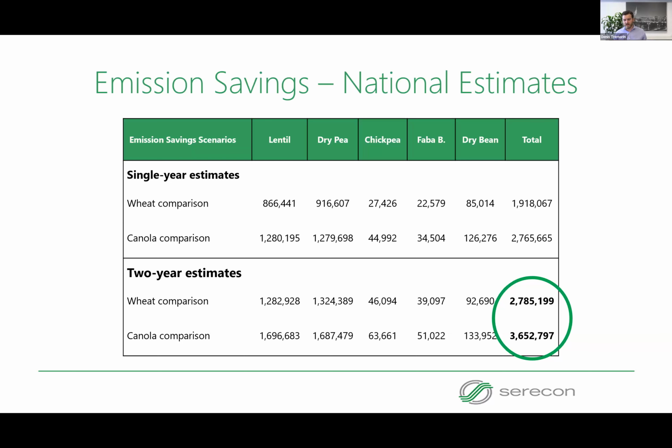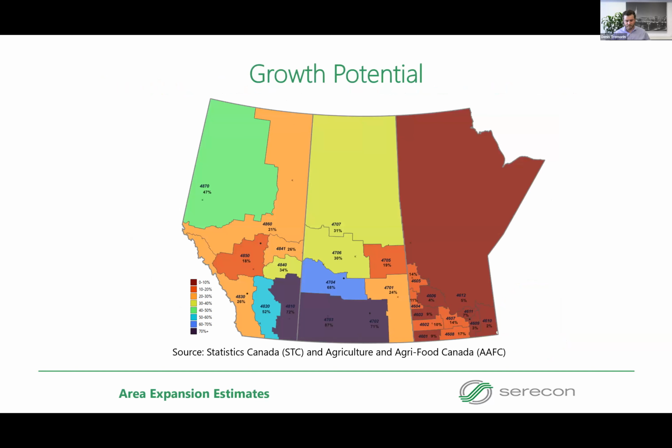And what we found was that the national impact of pulses across the country is that we're abating emissions by about 2.8 to 3.6 million tons, depending on how you do the analysis. So because we're growing pulses, we have about 3.6 million tons of carbon that's not being released into the air. And I can't remember, I think that's about 1.1 million cars off the road. I'd have to double check that. I had another slide that showed that.